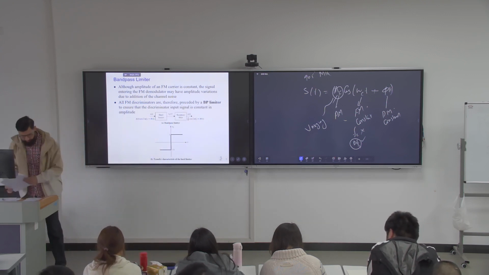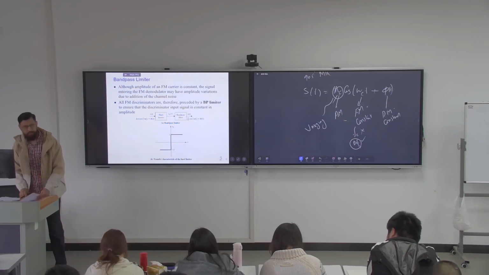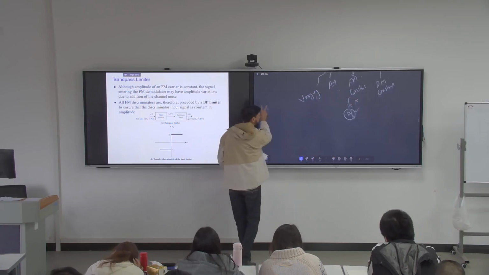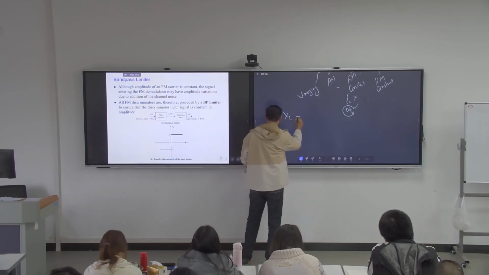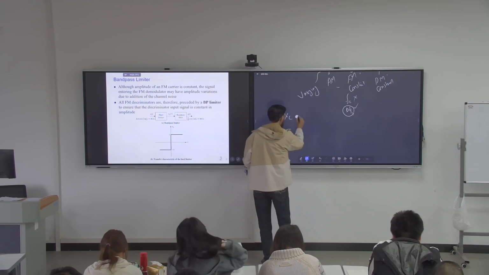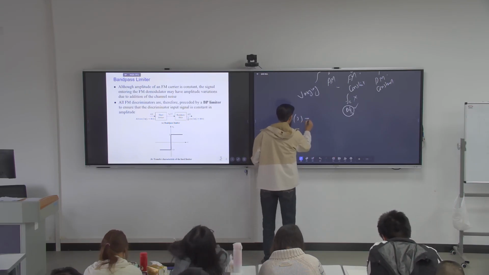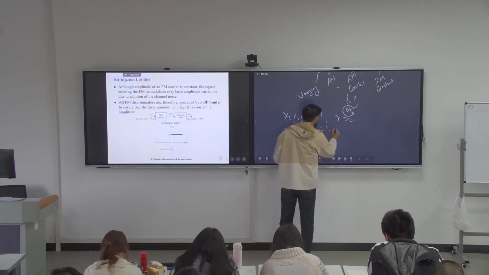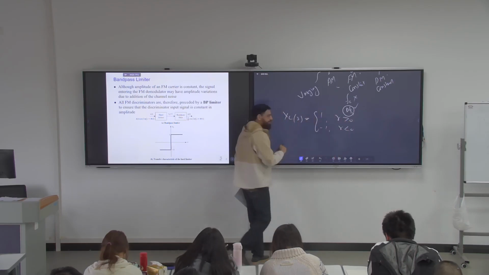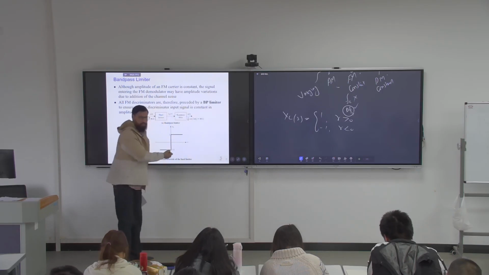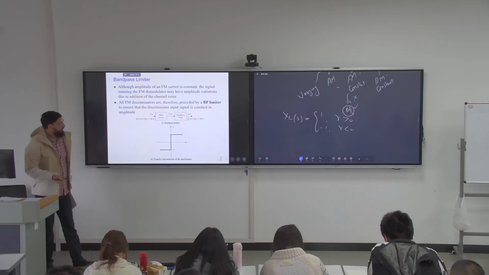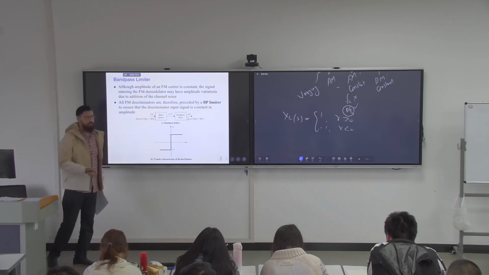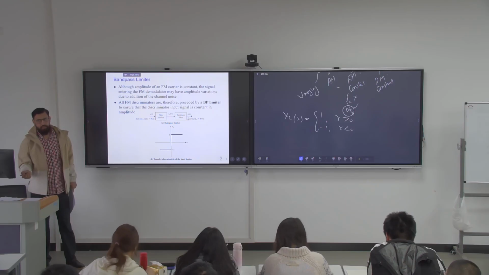Here we have X_L(r), which is 1 for r greater than 0, and minus 1 for r less than 0. That is what X_L(r) is, right?